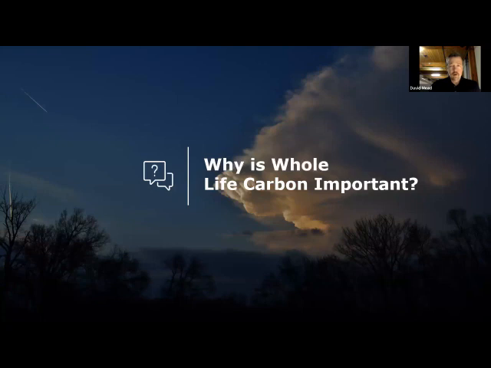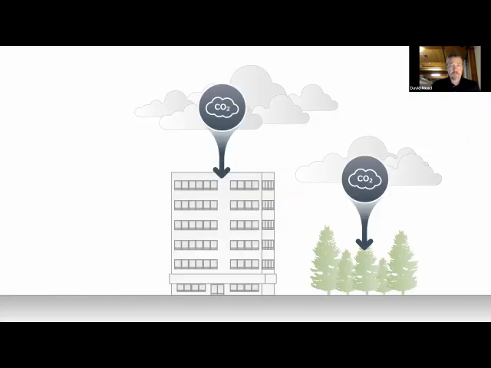So why is whole life carbon important? One of the main reasons is trying to look at sinks. So once again, as an industry, traditionally, we looked at energy cost or energy use, which are both proxy metrics for carbon emissions. But even if we were measuring carbon emissions, we weren't necessarily looking at carbon sinks.